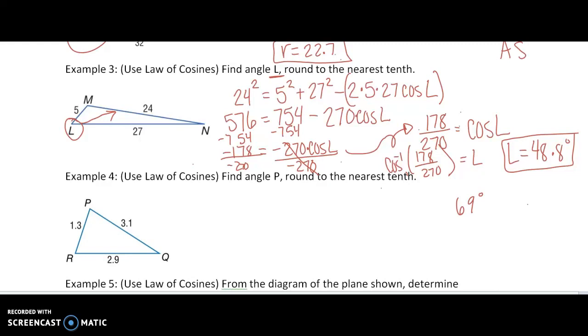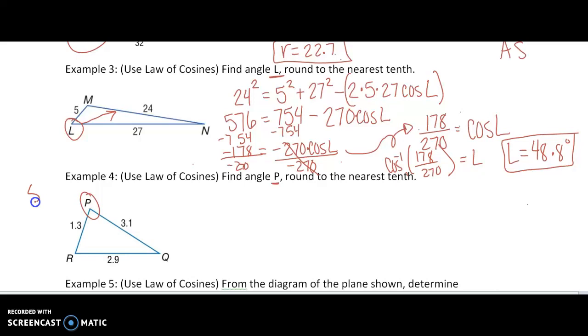So with example 4, we want to find angle P. That is this angle right here. Again, I would circle it. We know that is all the way on the right side of our formula, so we're going to write cosine of P. I need to figure out which one of the 3 sides goes on the opposite side of the equation.